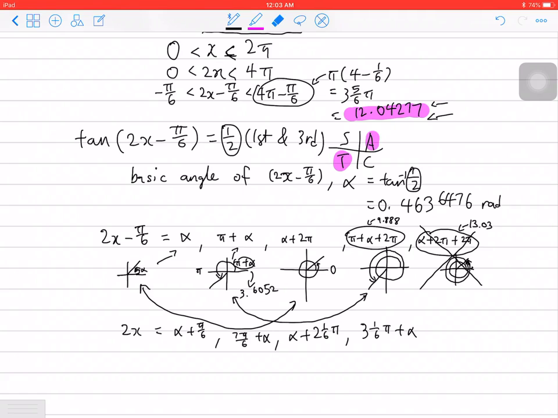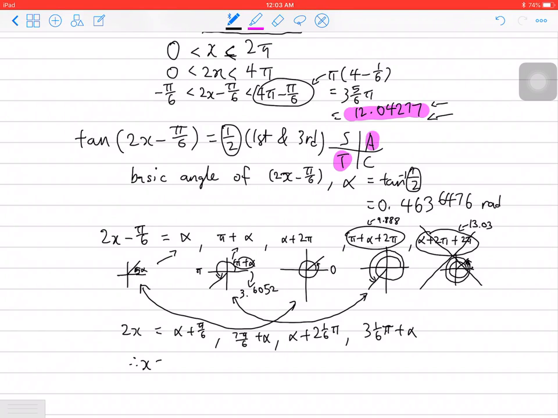Wait, I think I made a mistake over here. Let's make a change. So here is 3. Oh yeah, correct. 3 1 over 6 pi plus alpha. So this is for 2x.